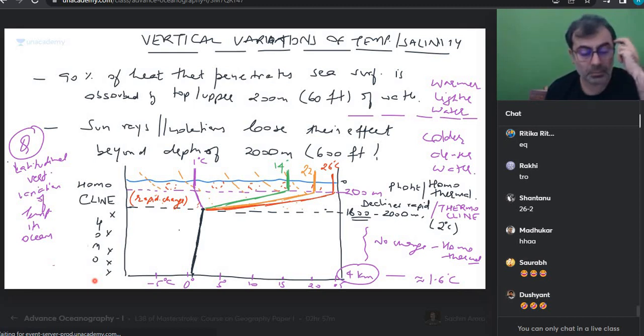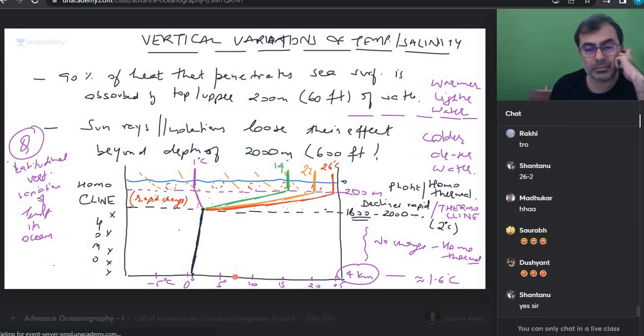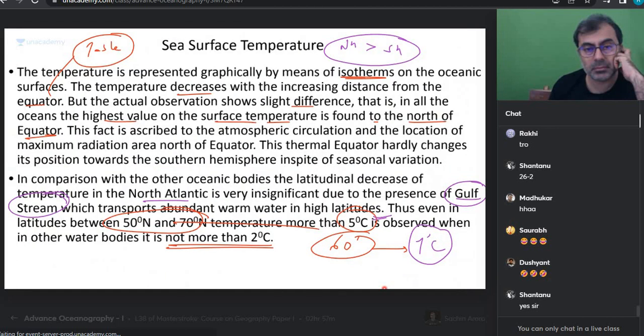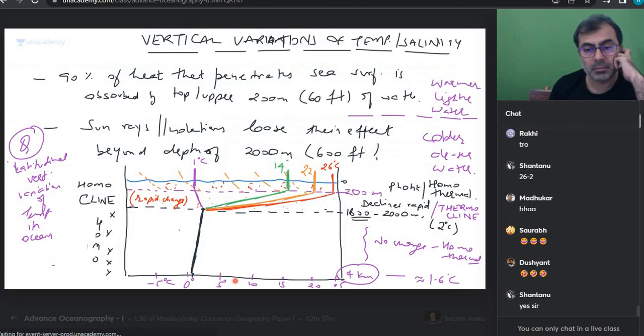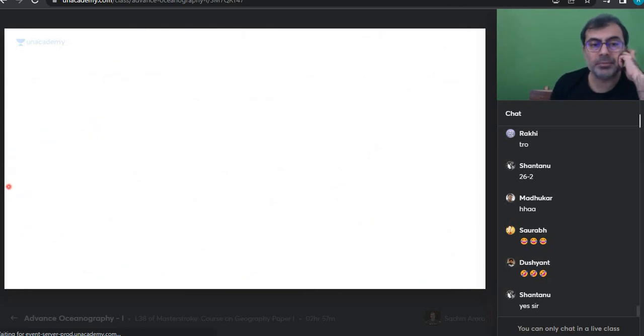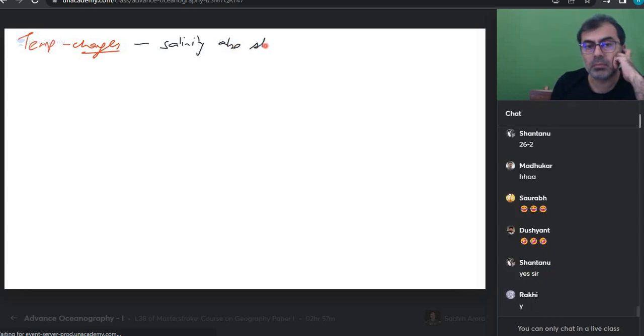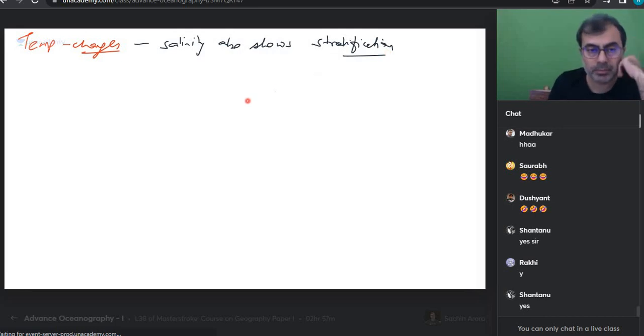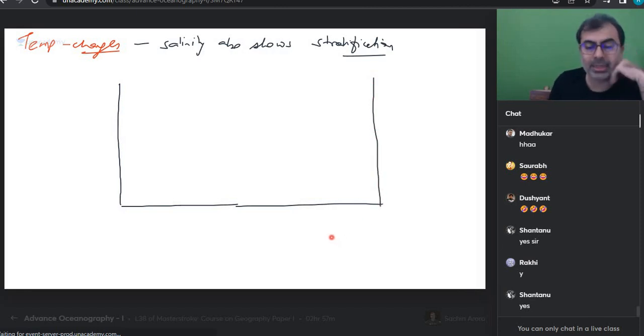Okay, now we come to the vertical variation of salinity. Just like temperature, since temperature changes, will the salinity also change? Stratification. So quickly tell me, what would be the vertical salinity variations?